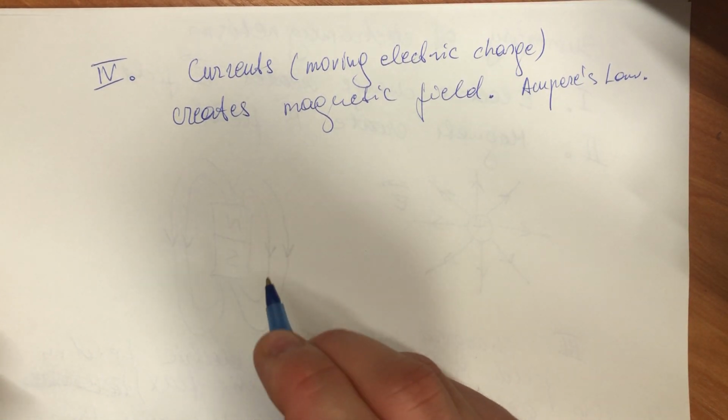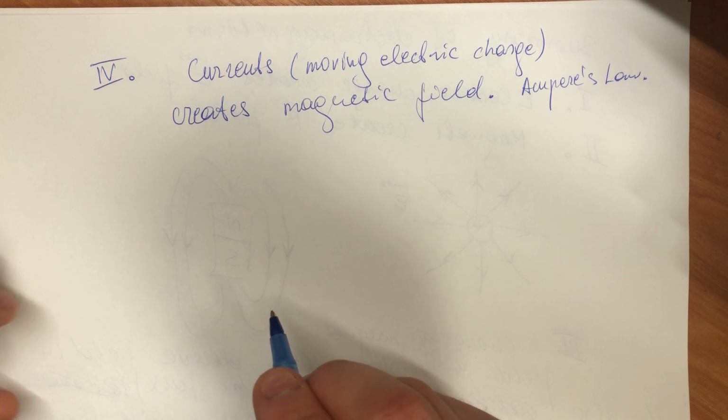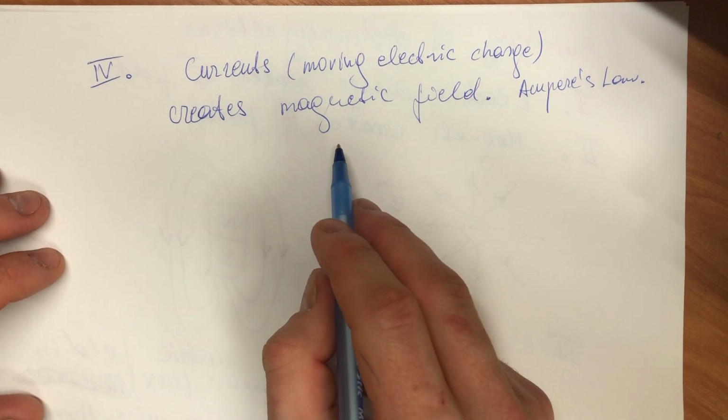Ampere's law. Now there was a scientist called James Clerk Maxwell, and he added to this.